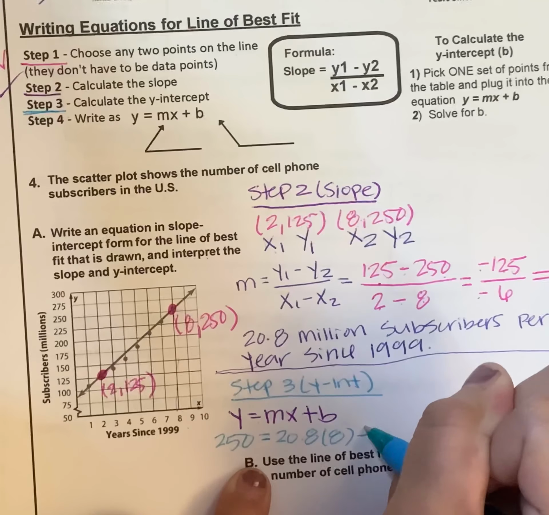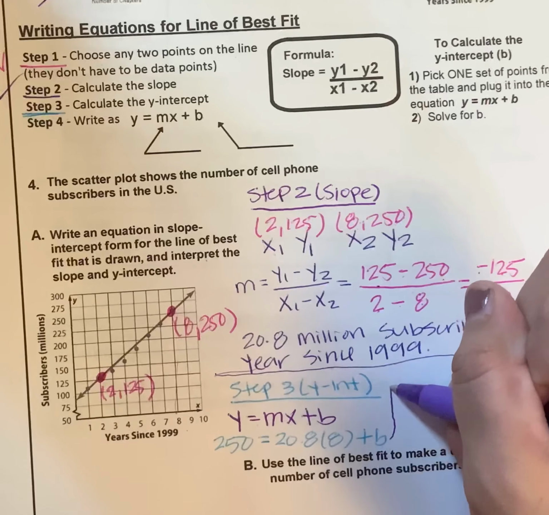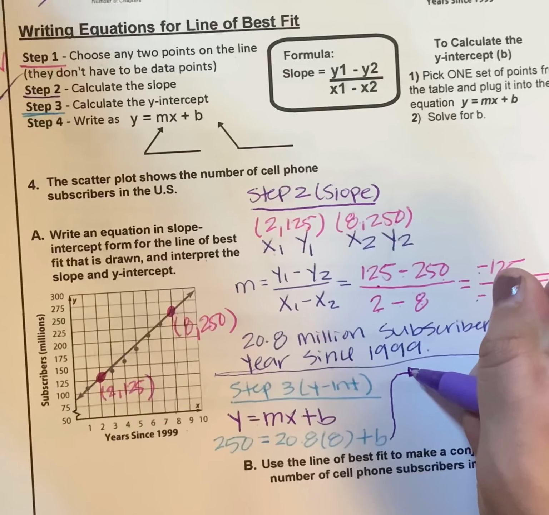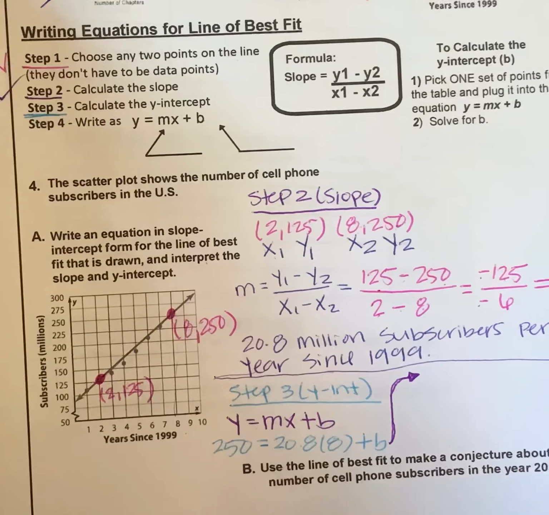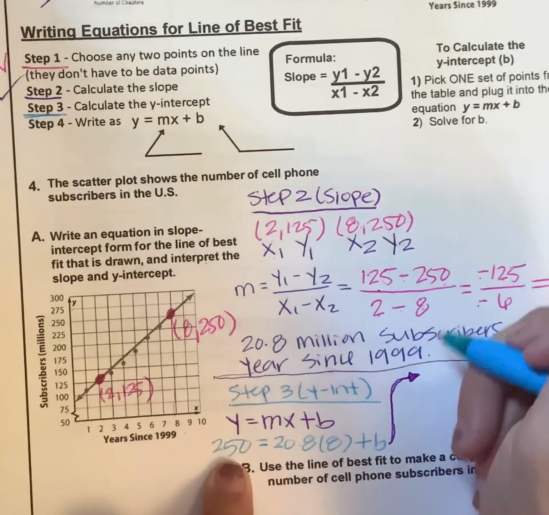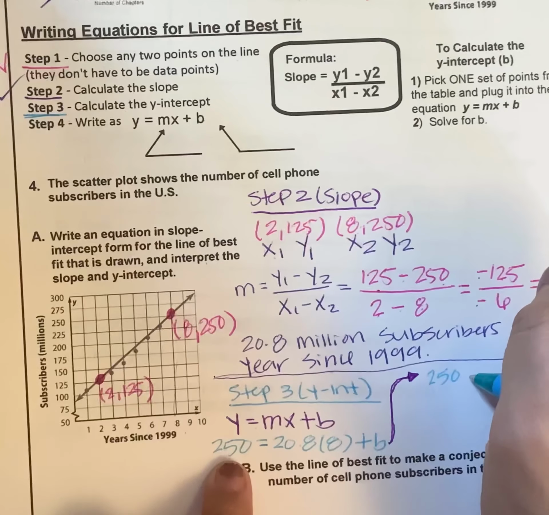And then we don't know what our b is because we're trying to find that. So we're just going to go ahead and leave that alone for now. I'm going to draw an arrow just to continue because I'm running out of room here. So we want to leave 250 alone because there's nothing to calculate as of now.